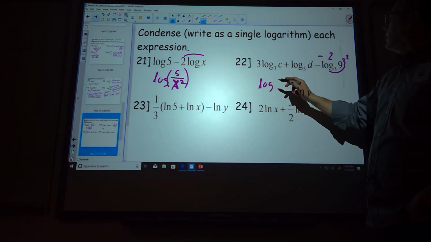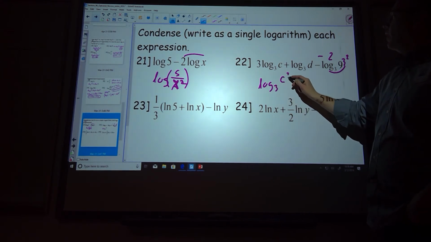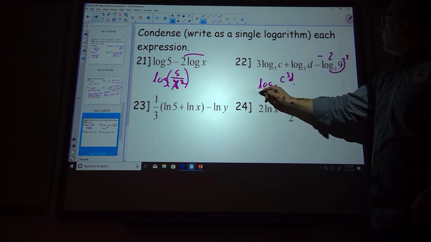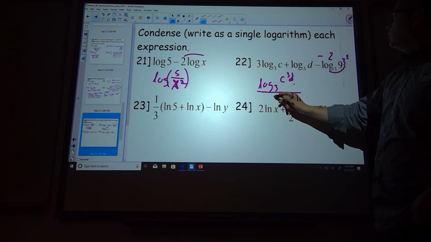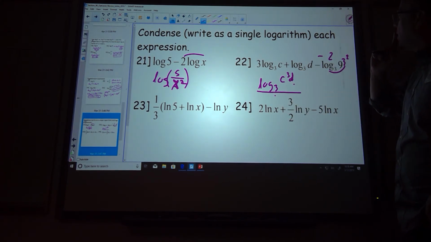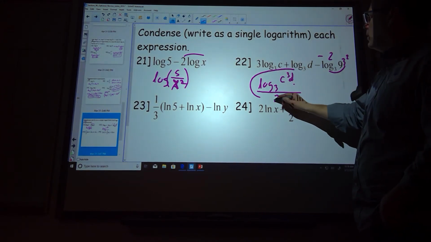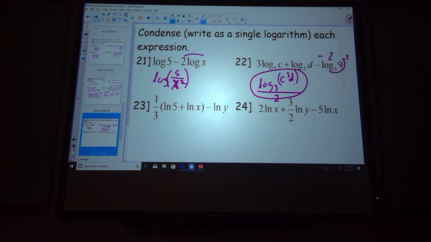I'm going to get log base 3 of c to the third plus log d, and then the whole thing is just going to be over 2. The only part that's a log is this. It's over 2. Wait, how do you get 2? Oh, because negative 2.